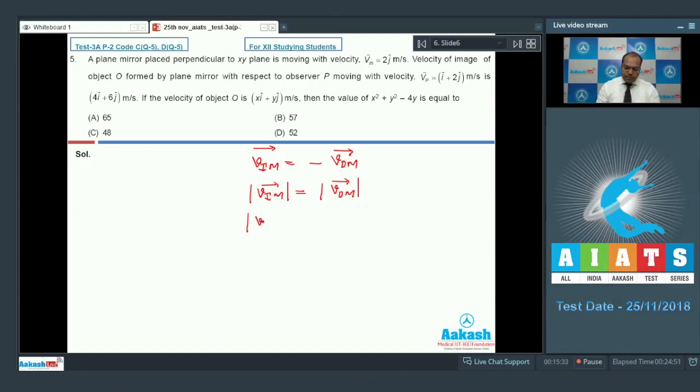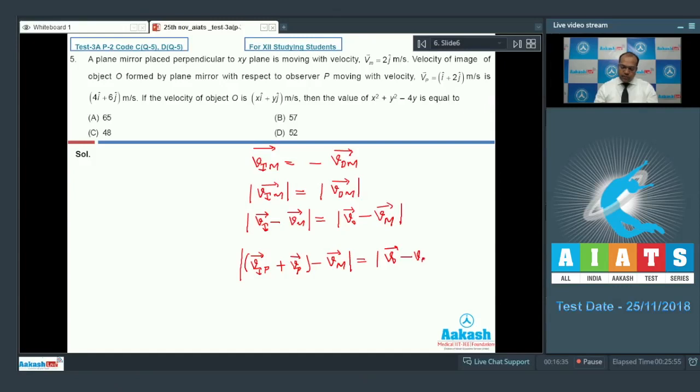So this can be further written as velocity of image minus velocity of mirror, and this can be further written as velocity of object with respect to the ground frame minus velocity of mirror in the ground frame. So velocity of image in the ground frame can be written as velocity of image with respect to observer P plus velocity of observer P with respect to the ground frame, minus velocity of mirror, and further it is equal to velocity of object minus velocity of mirror.